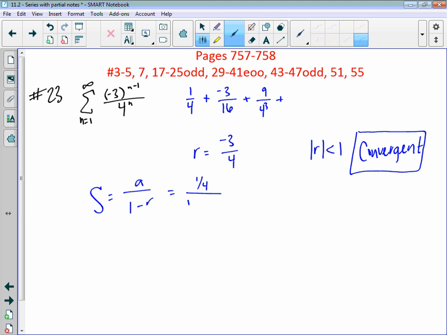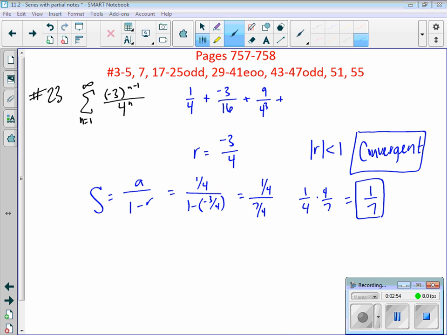And then 1 minus, and be careful you use your R here, is negative 3/4. So we get 1/4 over 7/4, which is 1/4 times 4/7, which gives you 1/7. Does that seem right? I don't actually have the key in front of me, but hopefully it's right.